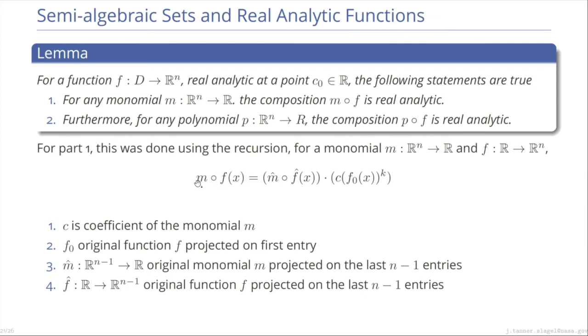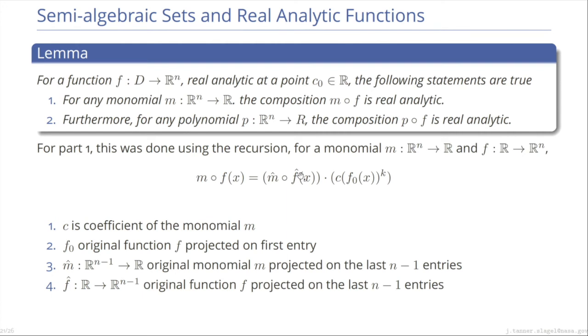So you start with a monomial, you compose it with a real analytic function, and you just use this recursion. Here you have a real analytic function composed with a monomial of a smaller overall dimension, and then you have a real analytic function raised to a power multiplied by a constant.